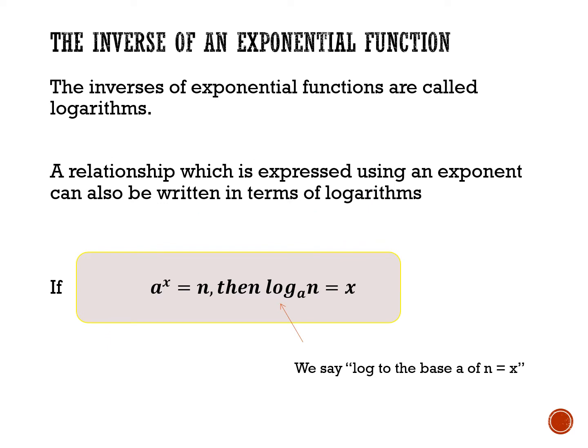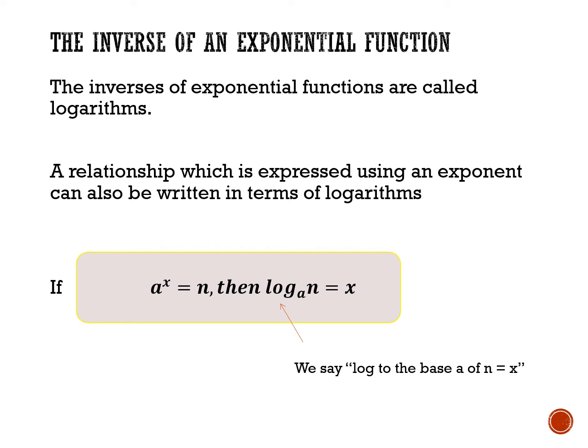Right. So this is definitely something that you're going to want to write down in your notes. The inverses of exponential functions are called logarithms, or logs for short. Here we've got two equivalent expressions. We have a base number a raised to a power x, and that gives us our answer n. Now the equivalent expression written in terms of logs, this is how we read it.